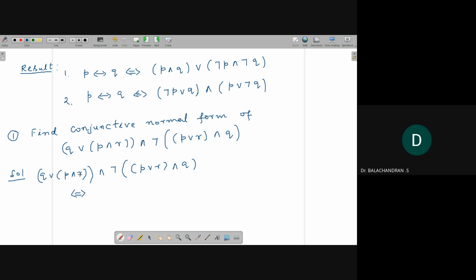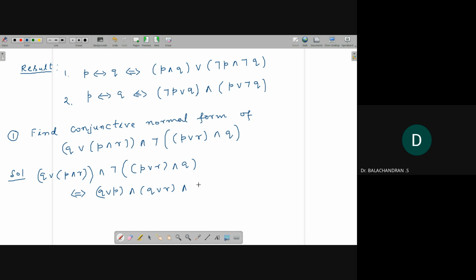So here I am going to apply the distributive law. Because Q or (P and R) has an and, that's why I am going to apply the distributive law, because I need a product of sums. So (Q or P) and (Q or R). Then apply De Morgan's law, I'll take this negation inside.